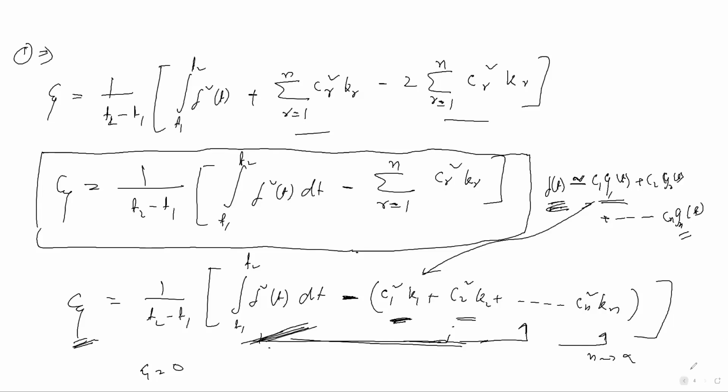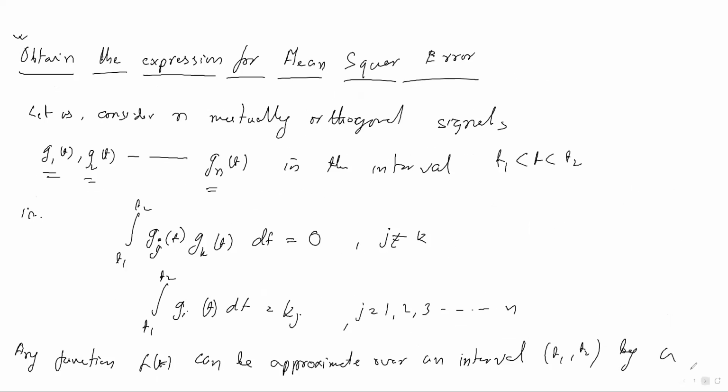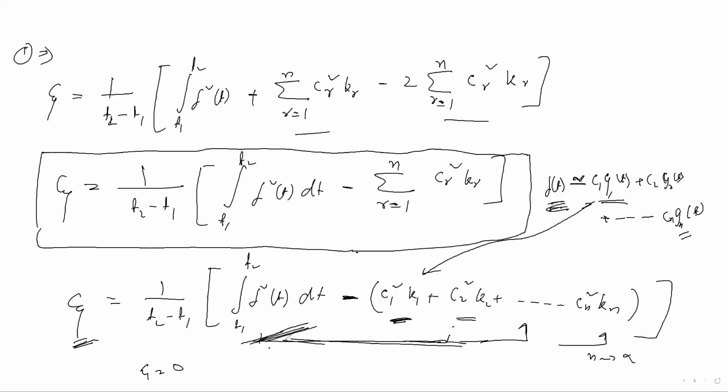Till now, is there any doubt? There are some concepts you should know. Here I am saying that as we increase the orthogonal functions, the error vector, that is the MSE value, mean square error, is going to decrease. If you take n as infinity, then the error will be 0.